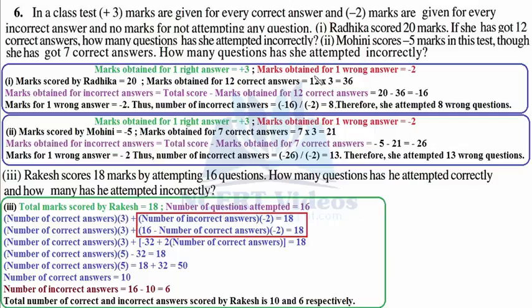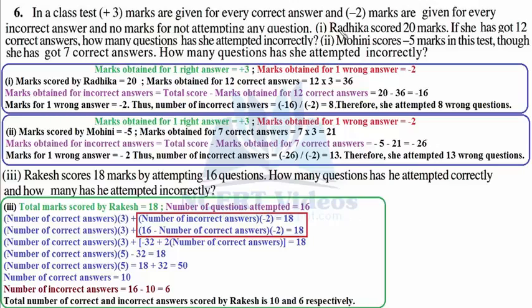So therefore, we got marks obtained for incorrect answers as minus 16. Marks for one wrong answer was minus 2. Therefore, we can get the number of incorrect answers by dividing the total wrong marks she got by the marks for one wrong answer. That is minus 16 divided by minus 2. So it is simple. 2 eights are 16, minus by minus is plus. Therefore, she attempted 8 wrong questions. So this was for your Radhika.